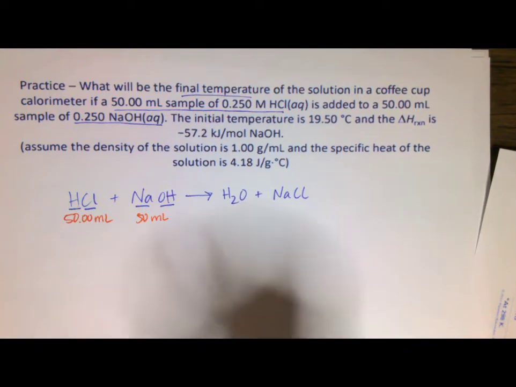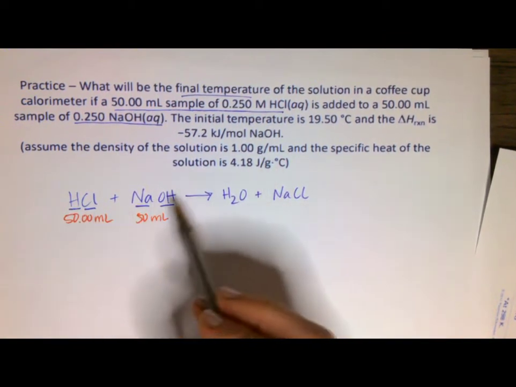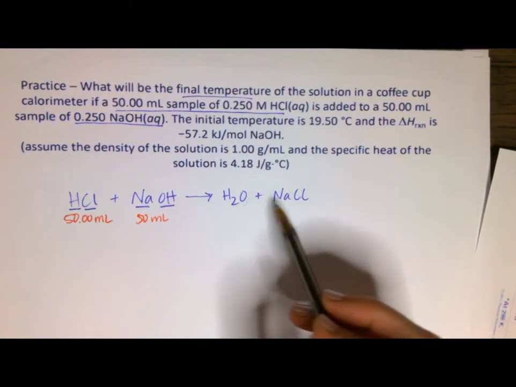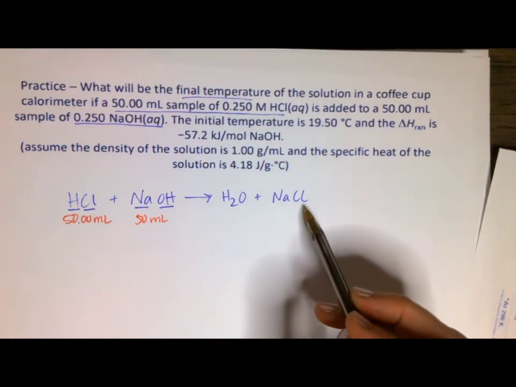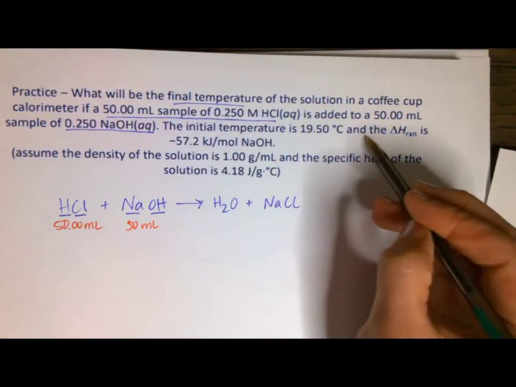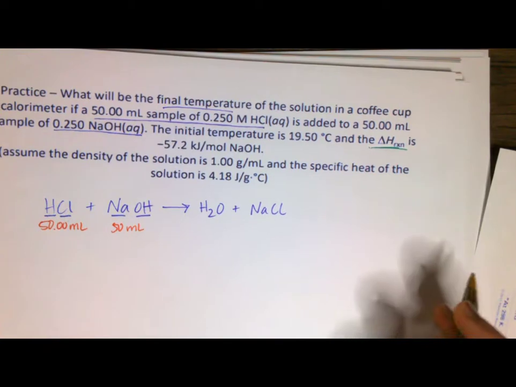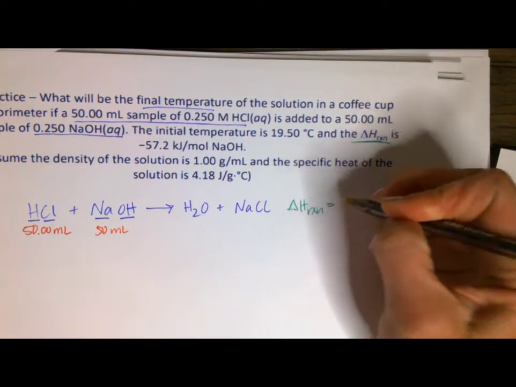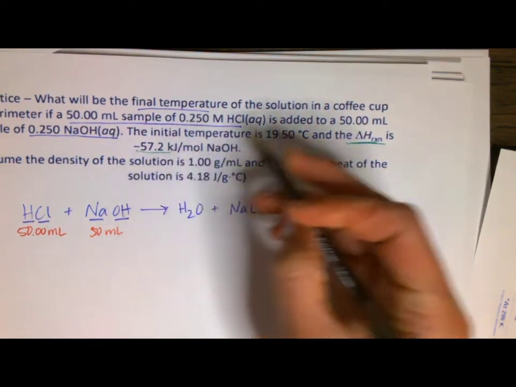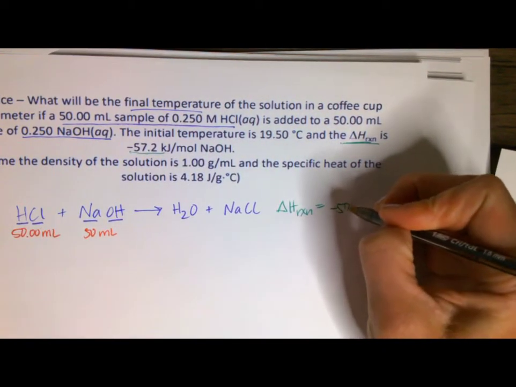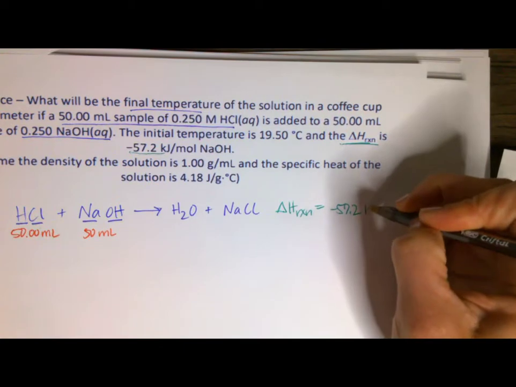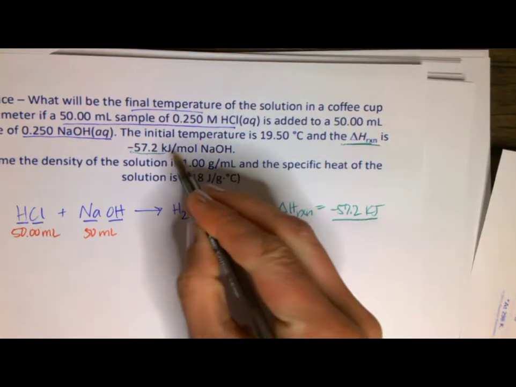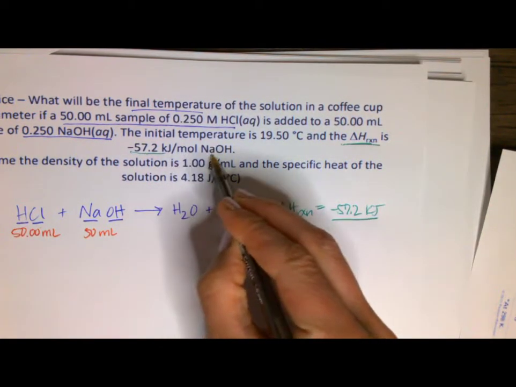So I've got HCl plus NaOH to give me water and NaCl. It tells me that the delta H of the reaction is negative 57.2 kilojoules per 1 mole of NaOH.